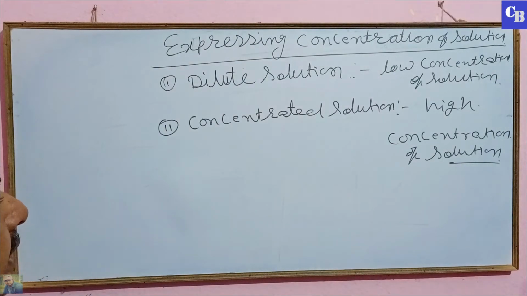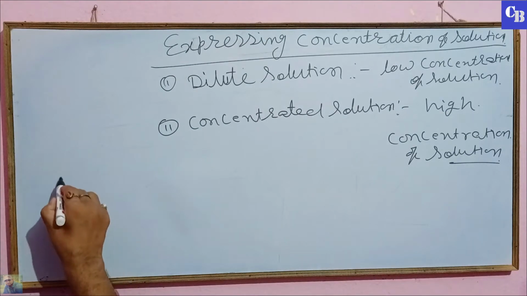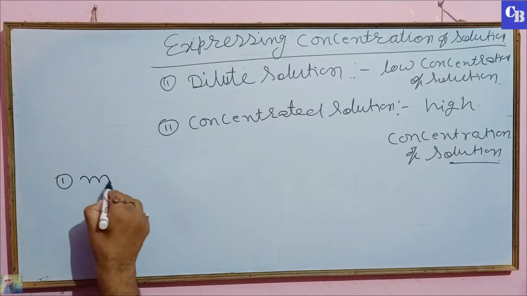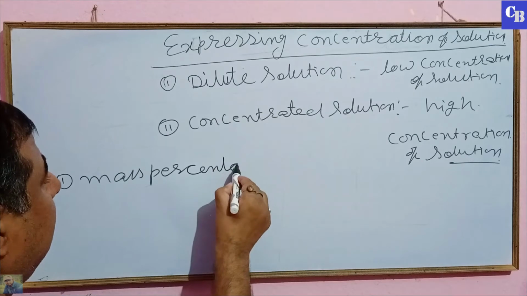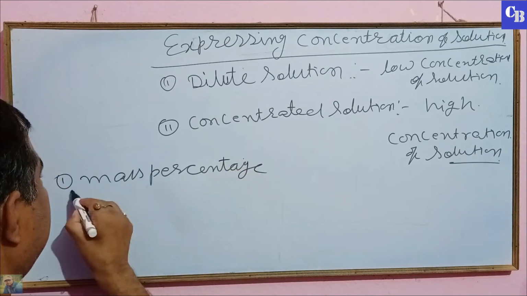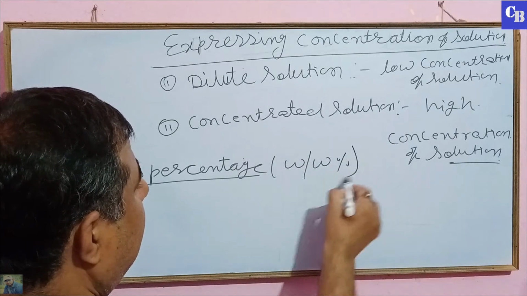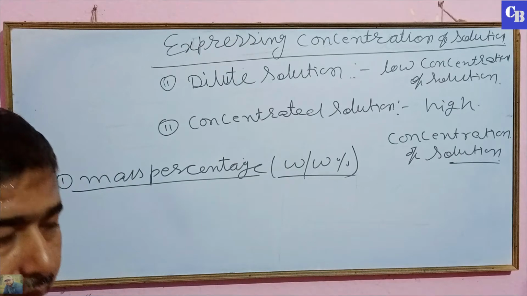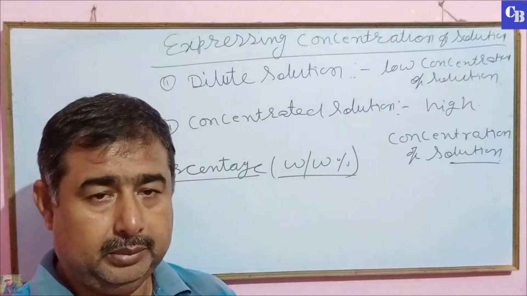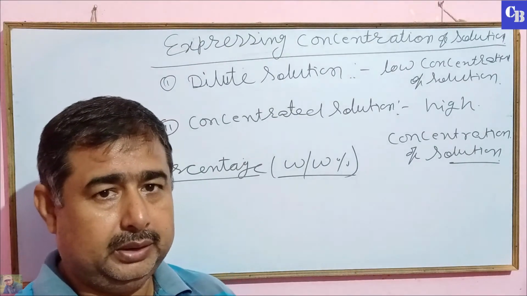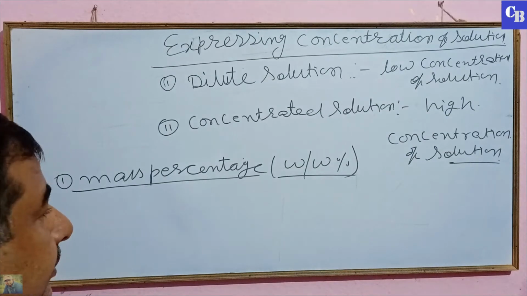Concentration of solution is expressed by several methods. First method is mass percentage. This method is also called W by W percent. W by W means mass of solute and mass of solvent both are expressed in gram.